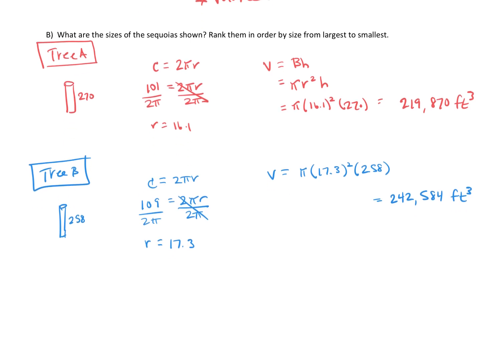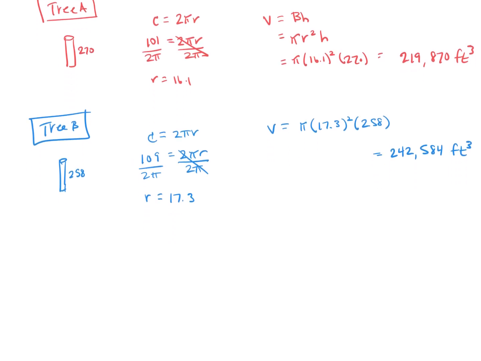All right, last one, tree C. What do you guys think tree C is gonna be? So again, here's my cylindrical tree. This height is 248, and they told us that their circumference is 106.